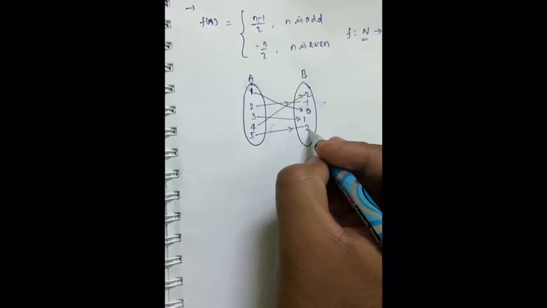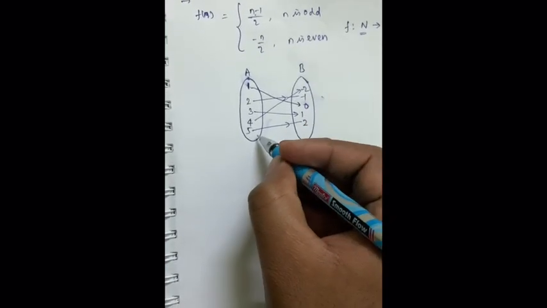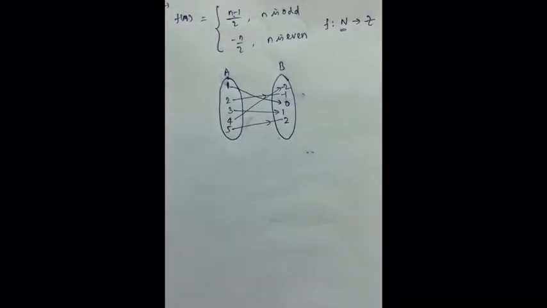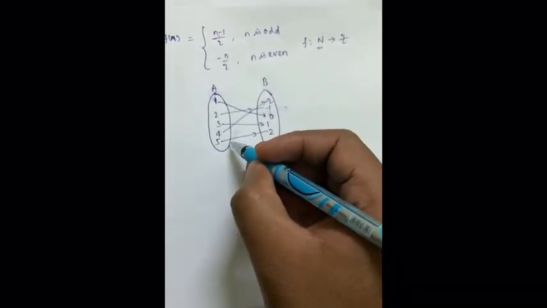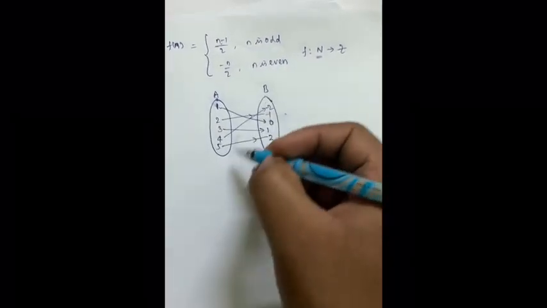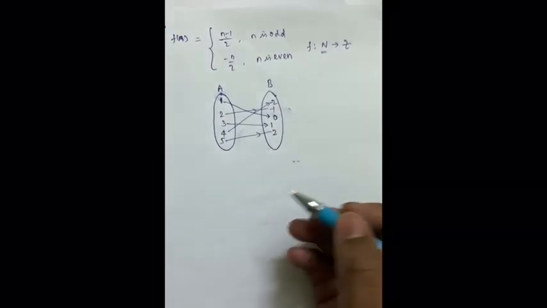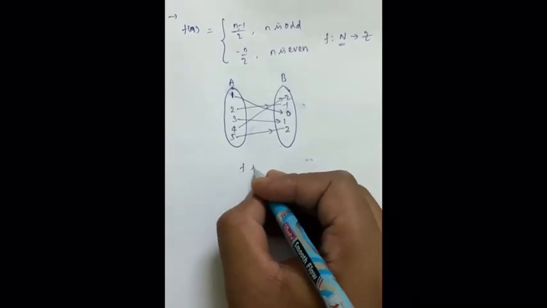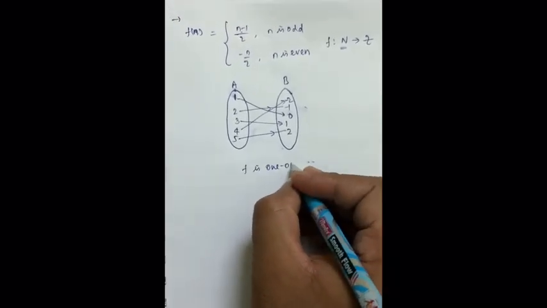So I think we are getting a pattern here. 6 will map to minus 3, 7 will map to 3, like that. You can see the distance between the mapping points is always increasing, so I think it is safe to say that this function f is one-one.